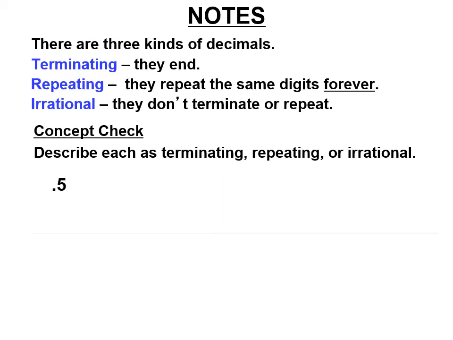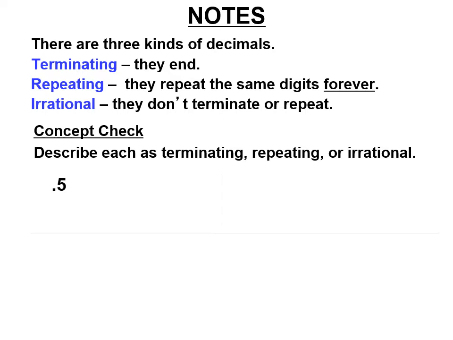All right, so first we got to make sure we know there are 3 kinds of decimals. There's terminating decimals that end, as in the Terminator in the movies ended people's lives, or the last station on a railroad is called the terminal. It's a word that means the end. Repeating decimals don't just repeat a little bit. They repeat forever.